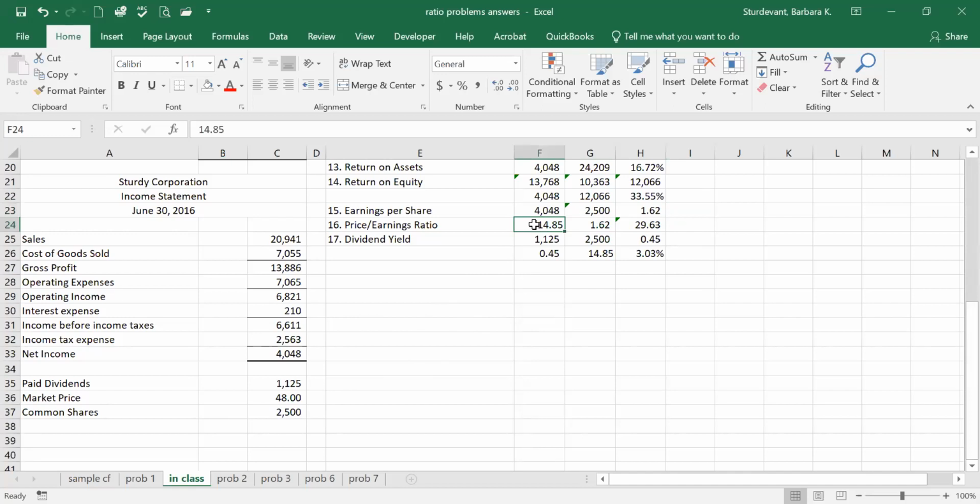The market price of our stock, we look over there, was $48. And you're going to divide it by your earnings per share. Just make sure that that's right.